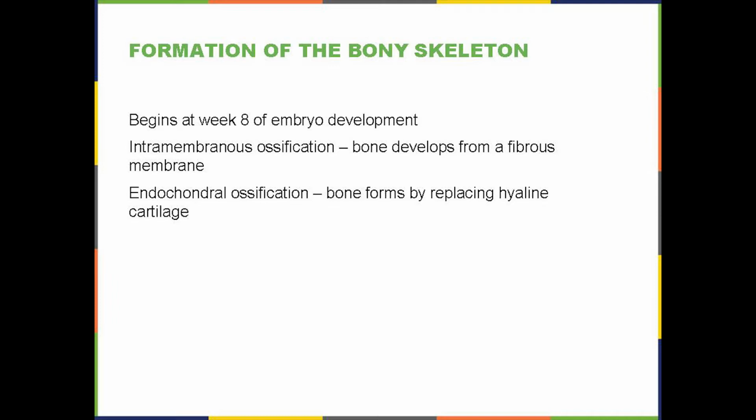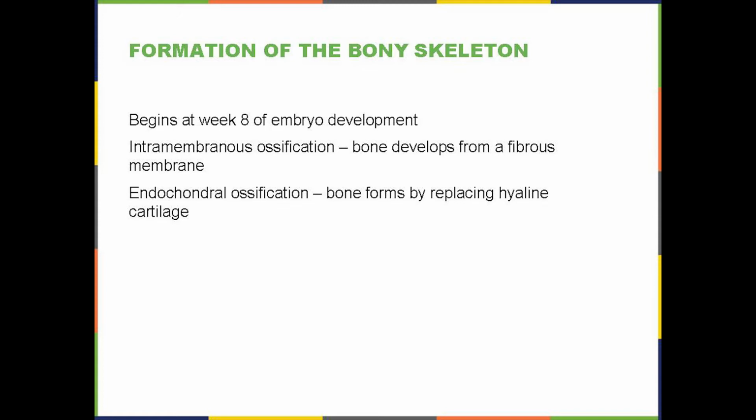So there's a fibrous connective tissue in this intramembranous ossification that's formed by mesenchymal cells. These are kind of the starting cells to form connective tissue.